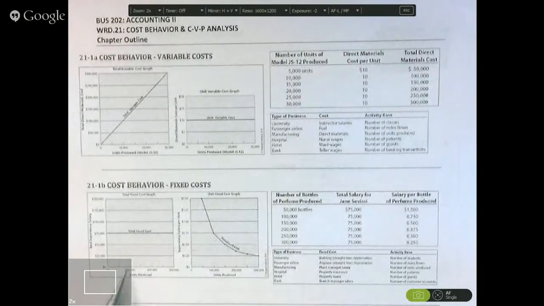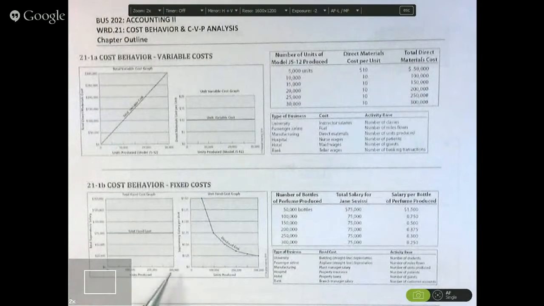But as the number of units produced increases, that fixed cost can be shared by the higher number of units. So as we increase, let's say, to 200,000 units, the fixed cost per unit would only be about 37.5 cents for each of those units.